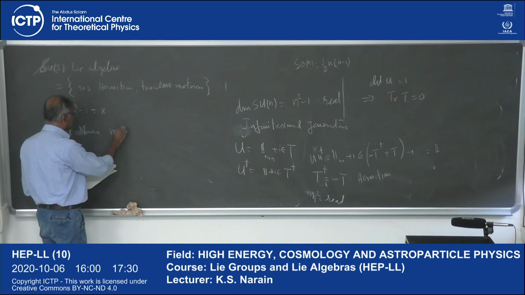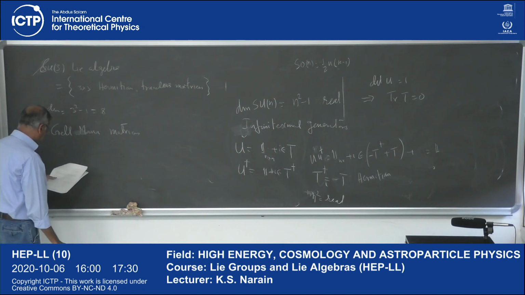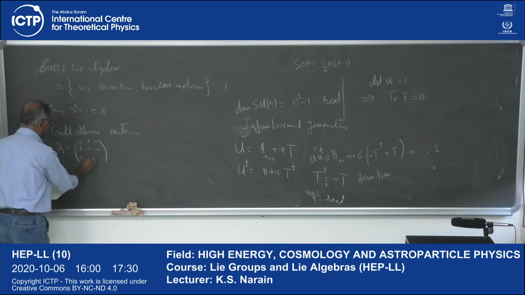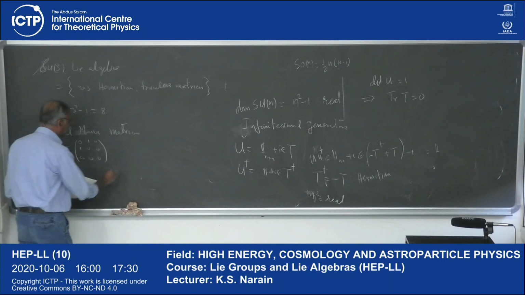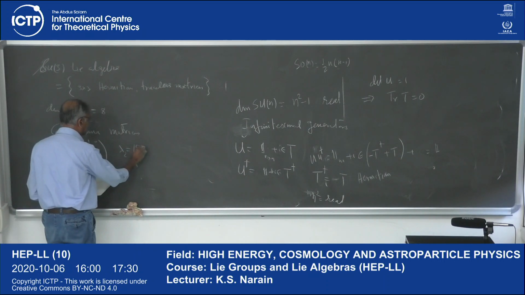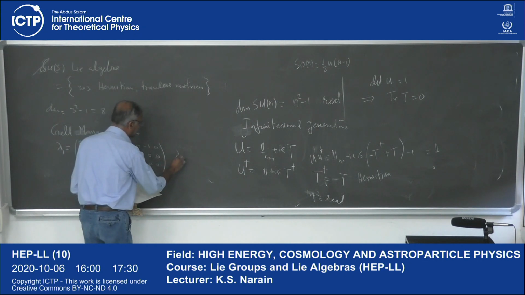So let me write down: lambda 1 equal to 0, 1, 1, 0, 0, 0. Lambda 2 equal to 0, lambda 3.